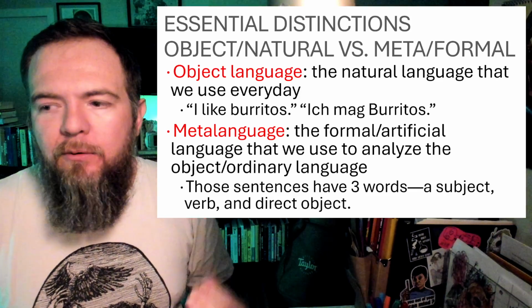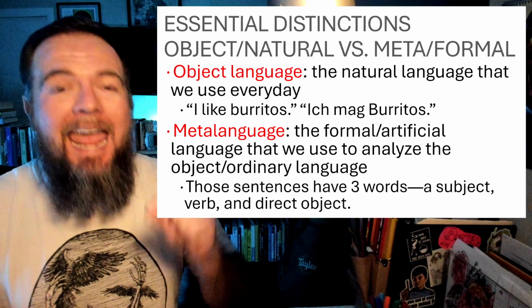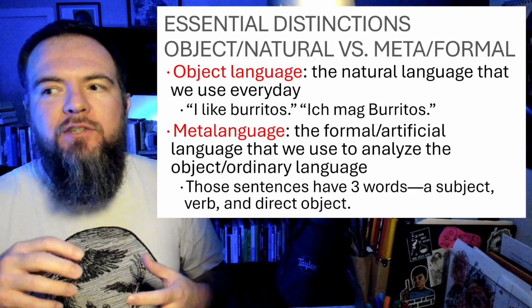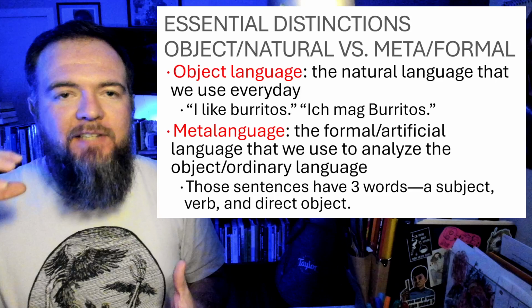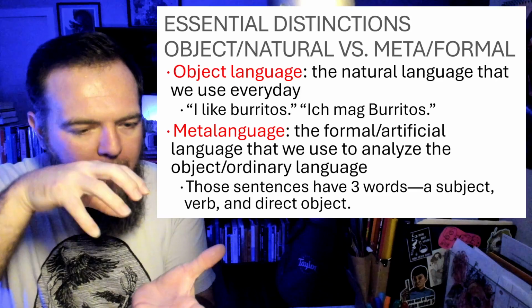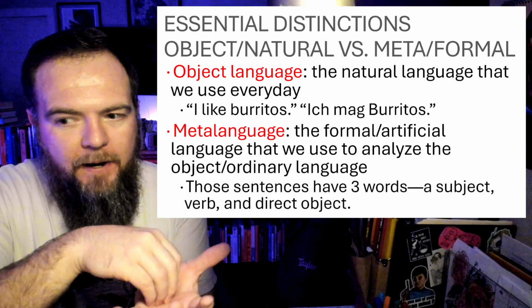And the meta language is the formal or the artificial language that we use to analyze the object or the ordinary language. So what we're doing is a sort of analytic or semantic ascent. We're speaking in an object language, but then we develop a meta language to analyze what's going on in that object language, right?